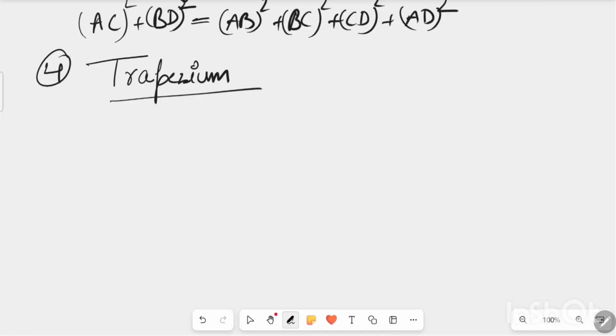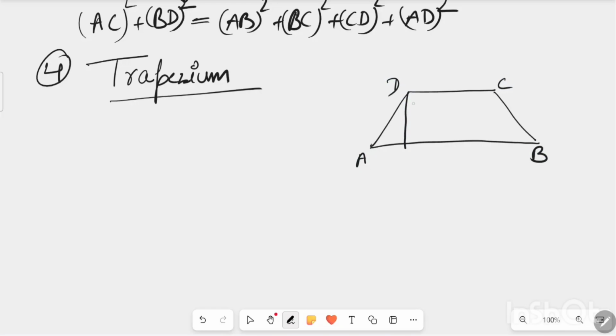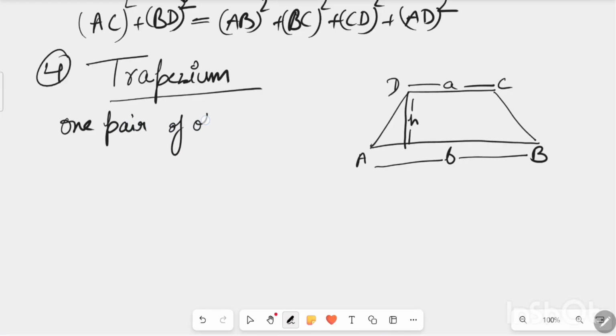It is a type of quadrilateral जिसमें one pair of opposite sides will be parallel.